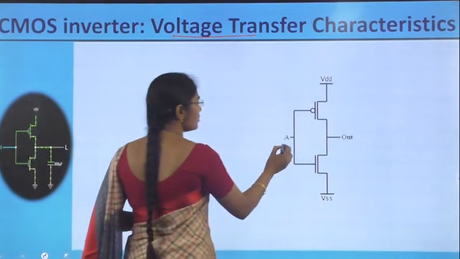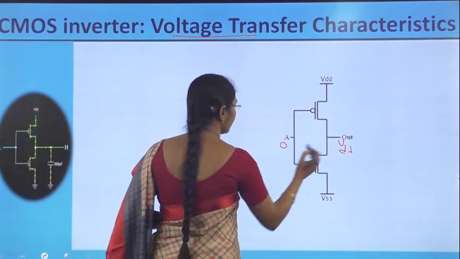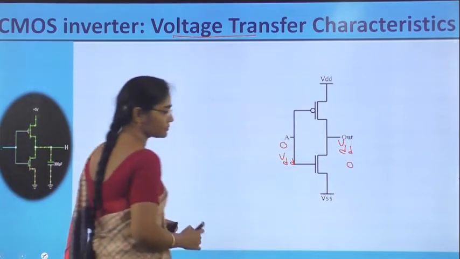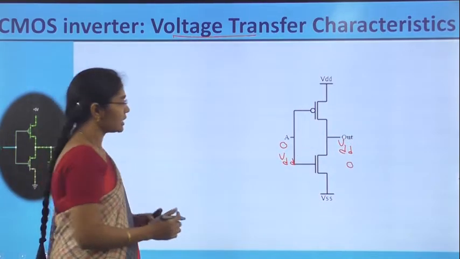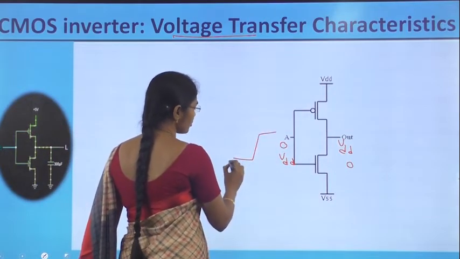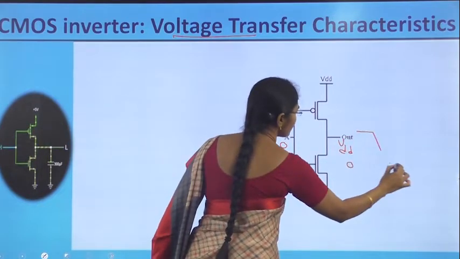When Vin is 0, output is equal to VDD, and when Vin is equal to VDD, output is equal to 0. But in the middle, when input is changing from 0 to VDD, output is changing from VDD to 0.